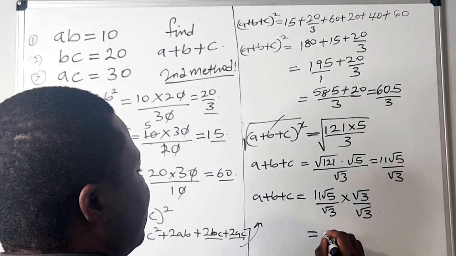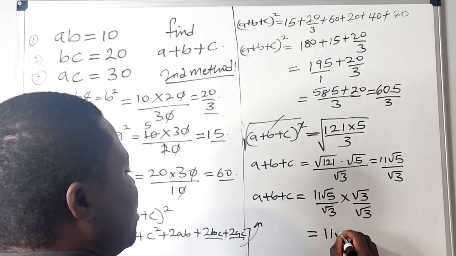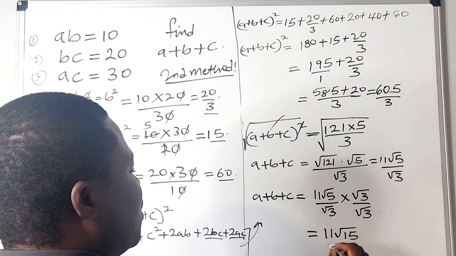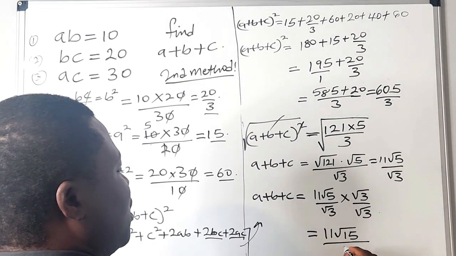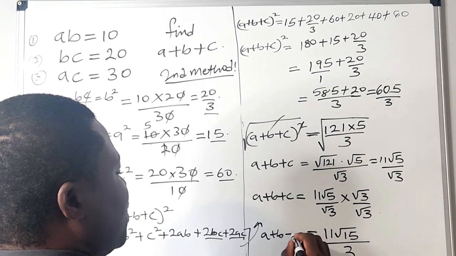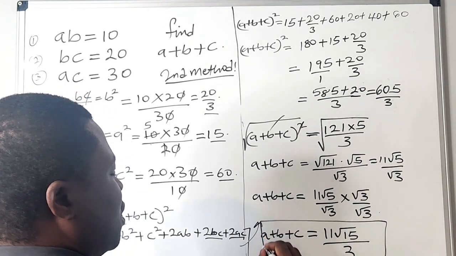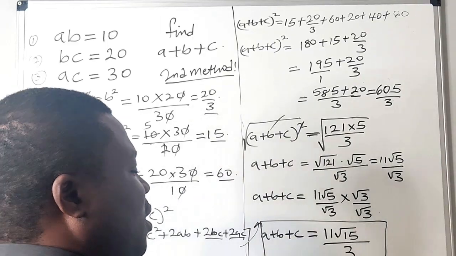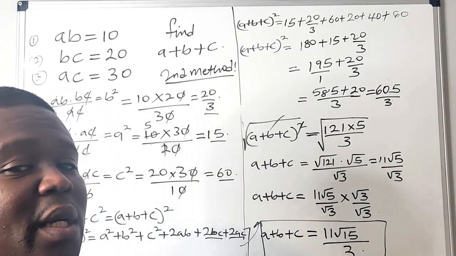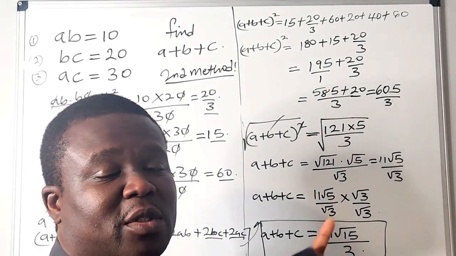So we have 11 root 5 times root 3, that's root 15. Root 3 times root 3 will give us 3. So A plus B plus C is equal to 11 root 15 divided by 3. And this is also exactly the same answer that we got with the first method.